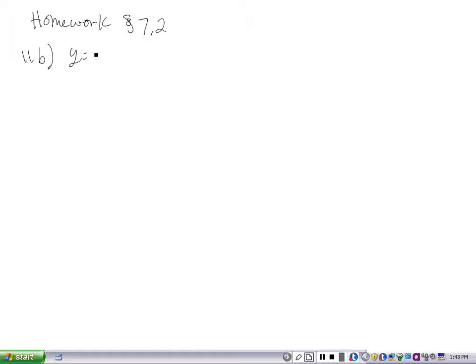We're given y equal to the square root of x, y equal to 0, x equal to 4. I'm going to rotate this about the line y equal to, well, it's the y-axis, excuse me. Rotate this about the y-axis.